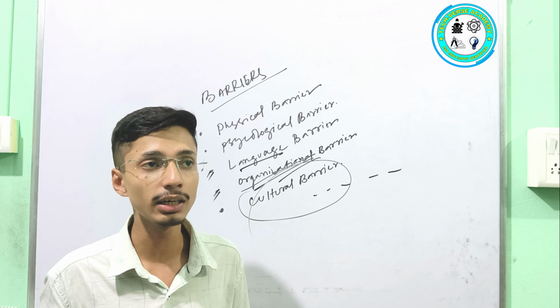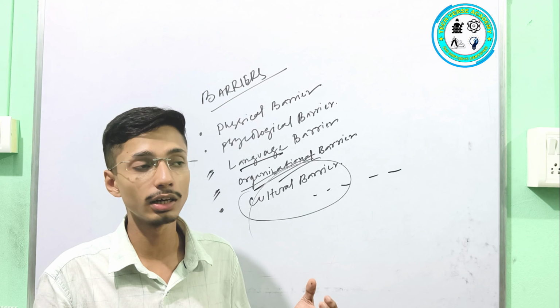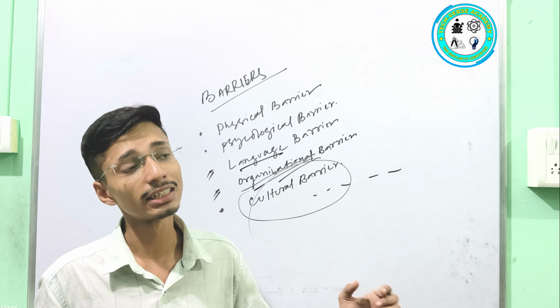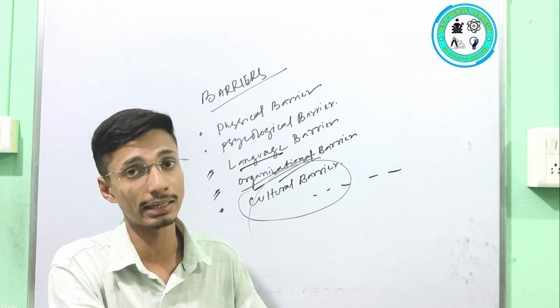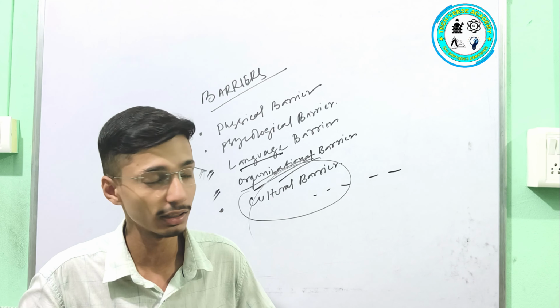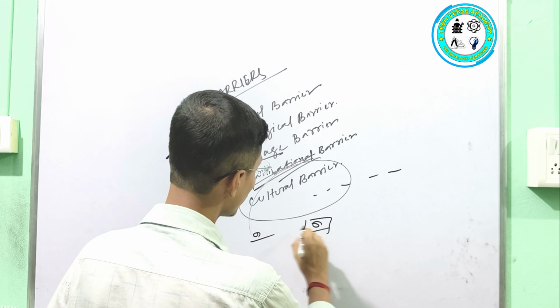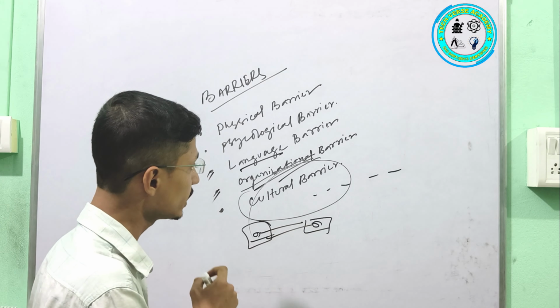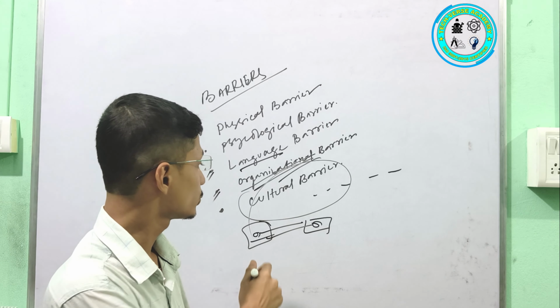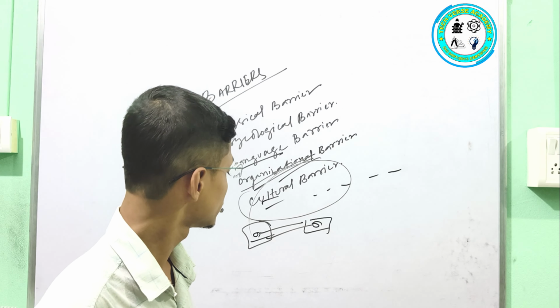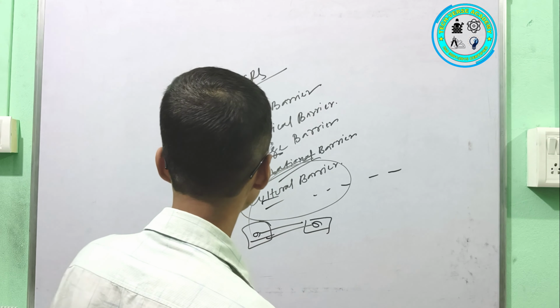As human beings, we term them non-civilized people, but actually they are not non-civilized. They are civilized in their own region, and we are civilized in our own region. If there are different civilizations, we can't complete our communication successfully because of a barrier known as the cultural barrier. Those are the few important barriers which can generate problems in our effective communication process.